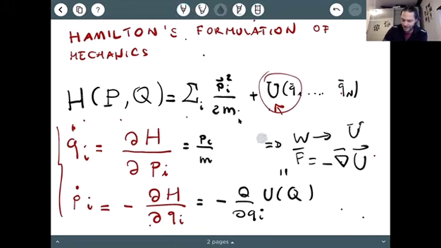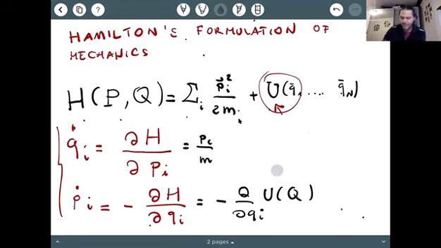So in Hamilton's formulation, we don't take this route. We say a physical theory is given by an equation of motion for the phase space points: the derivative with respect to time of the phase space vector is equal to some right-hand side that you get from the Hamilton's function. And the Hamilton's function is the function that I defined here.